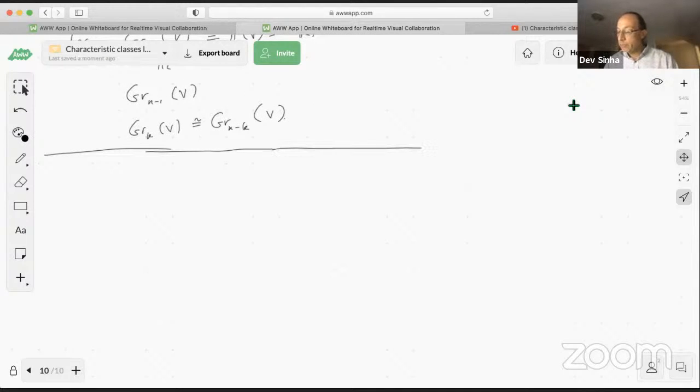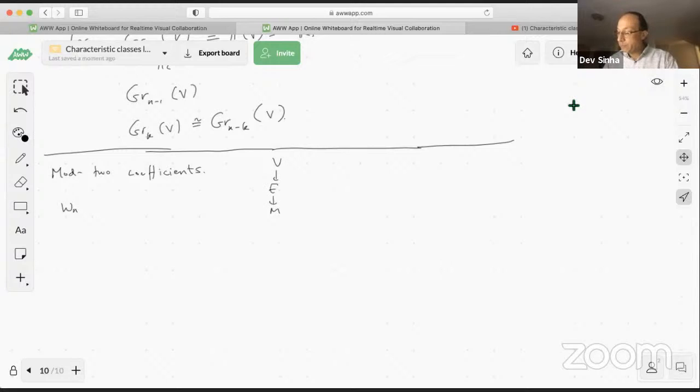So first let's give an alternate name. This is all with mod 2 coefficients. We don't then have to worry about orientations or really co-orientations.